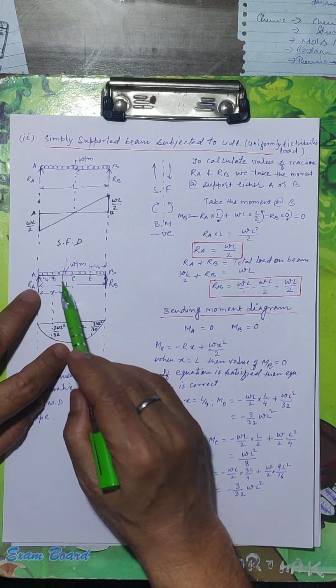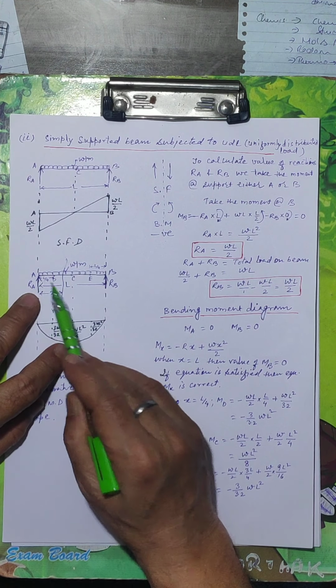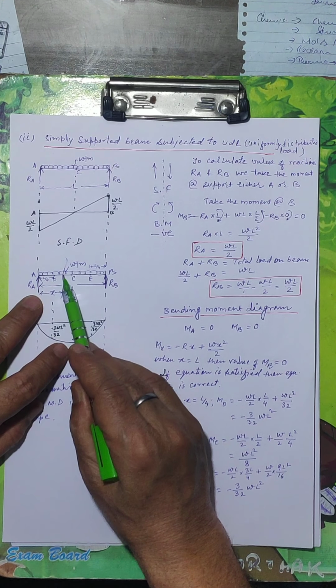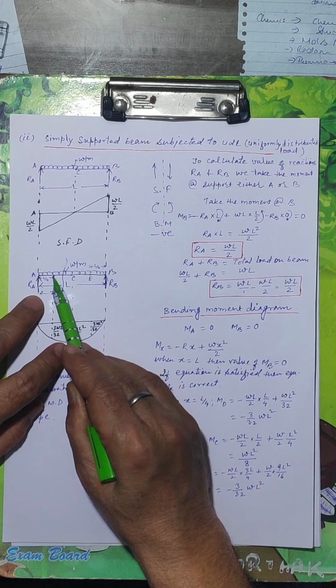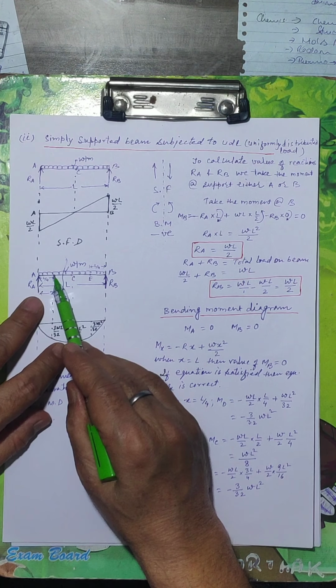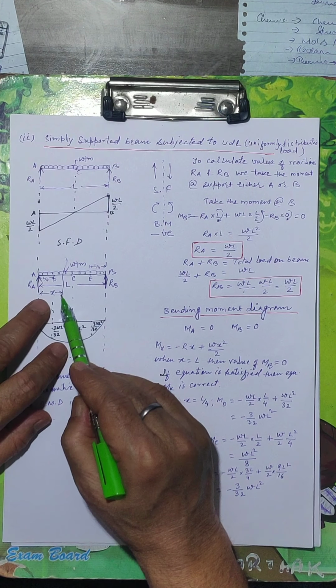Why? Because this Wx would act at the center of this x distance. इस A से जो सेक्शन हमने लिया उसके मिड में एक्ट करेगा, ये CG में एक्ट करेगा, तो x/2 डिस्टेंस बची.